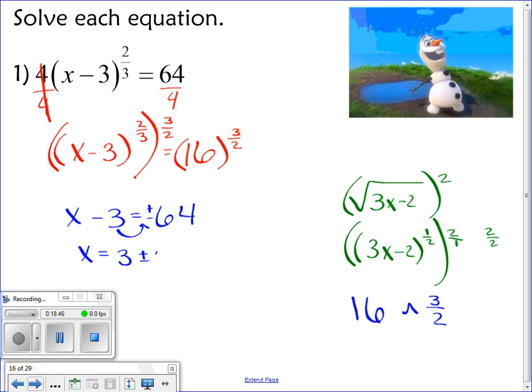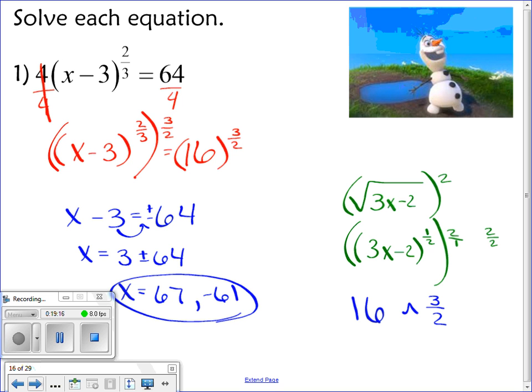So 3 plus or minus 64. What's 3 plus 64? Try again. I'm not doing 64 minus 3. I'm doing 3 minus 64. It's negative 61.